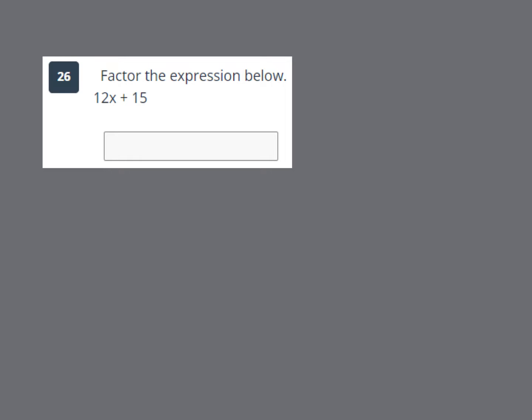Moving right along. Factor the expression below. This is fun. So I look for the GCF of 12x and 15, or the largest gazinta. So what gazinta 15 and 12x? It is, of course, 3. So I'm going to divide both of these by 3. 3 gazinta 12 4 times.